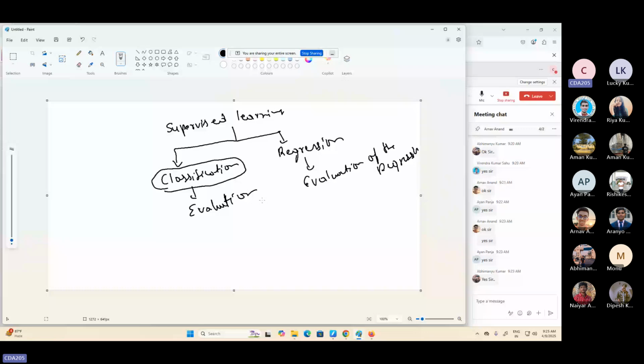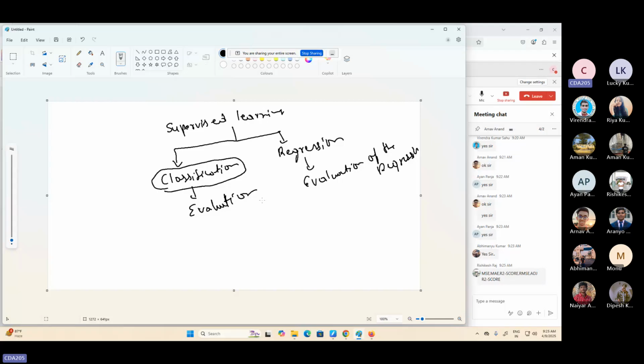Can anyone tell? I already discussed it in the class or in the lab. What are the evaluation metrics in regression? Yeah, Rishikesh, you are right.